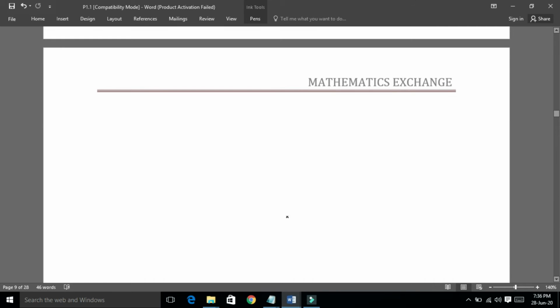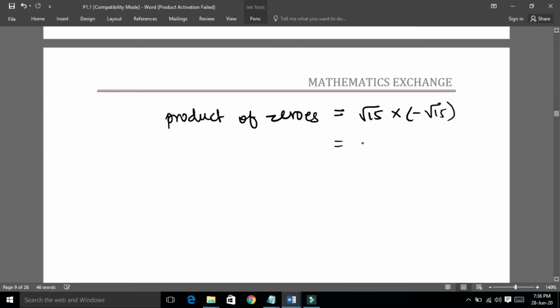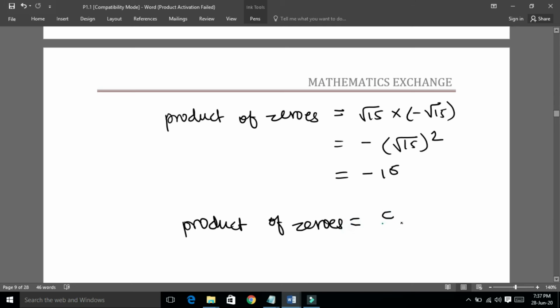Now we check for the product of zeros. So the product of zeros is equal to root 15 into minus root 15. So minus root 15 into root 15 is root 15 square, the square and square root get cancelled, so minus 15. This is the product of zeros, and by the formula the product of zeros is c by a.